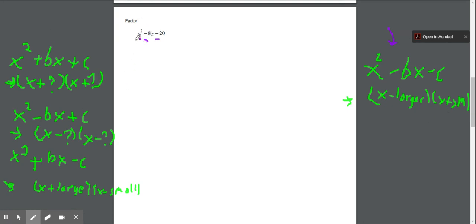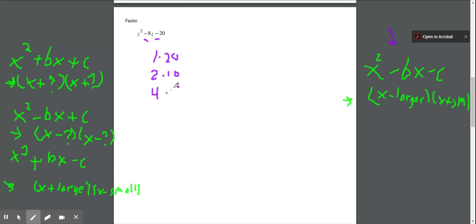So numbers that multiply to make 20 are 1 times 20, 2 times 10, and 4 times 5.